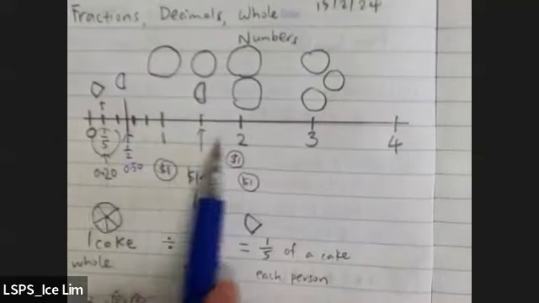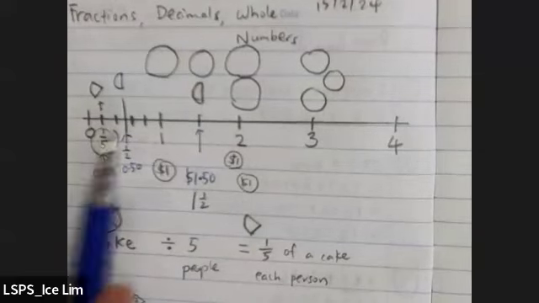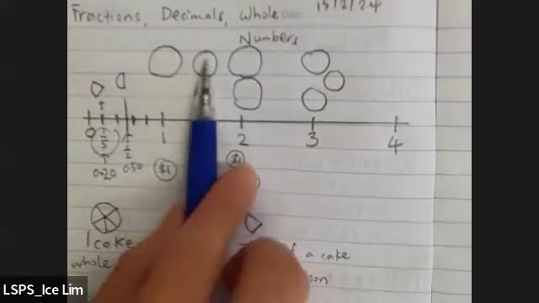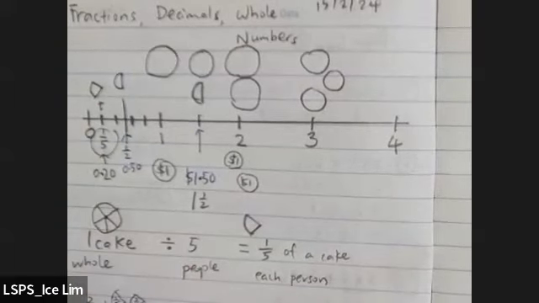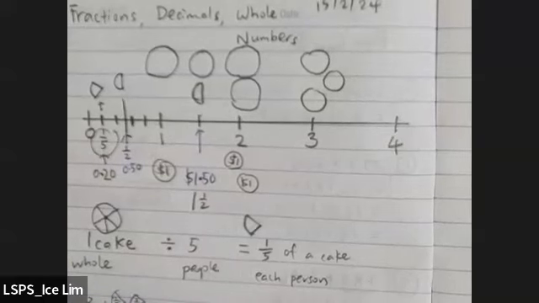What are all these things in between? Are they whole numbers? They are not whole numbers. They don't make up wholes. They are what we call decimals or fractions. So what exactly are fractions and decimals? Fractions and decimals are found in between whole numbers.